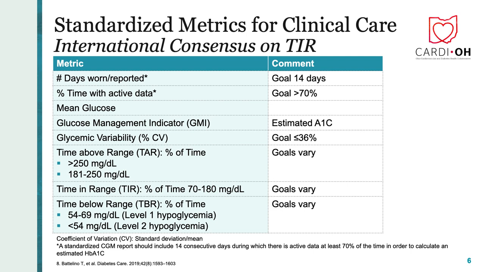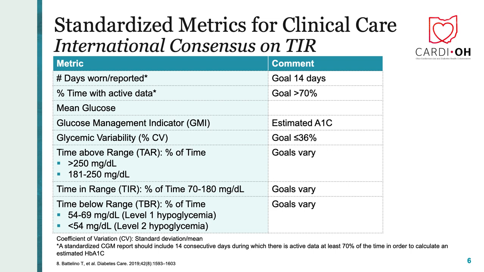The time in range, as mentioned previously, is the percent of time spent between 70 and 180 milligram per deciliter. And then finally, the time below range is defined as less than 70 milligram per deciliter for level 1 hypoglycemia, and less than 54 milligram per deciliter for level 2 hypoglycemia, which is considered to be more clinically significant.